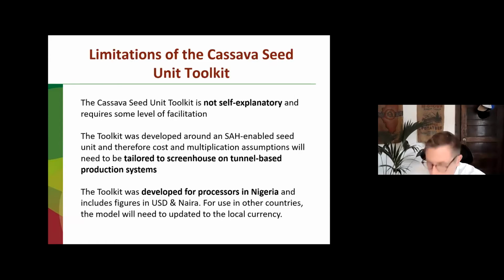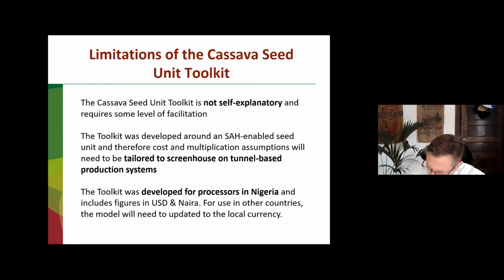The key limitations of the Cassava Seed Unit toolkit are really around the level of facilitation required to use this by processor partners. Given that it has a lot of analysis screens and quite detailed areas of analysis, it requires some level of facilitation because it's not really self-explanatory to processors, especially first-time users.